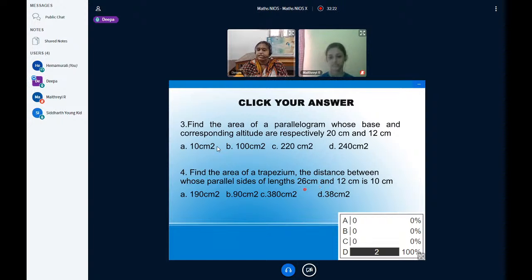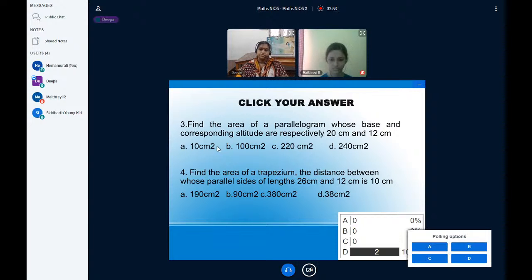Then the parallel sides, that is B1 and B2, are 26 centimeter and 12 centimeter, and your height is 10 centimeter. Area of a trapezium is equal to half into height into B1 plus B2. Very good. Do it and give me the answer.